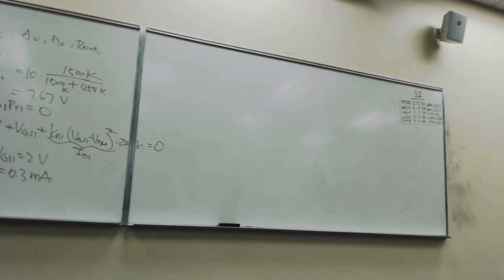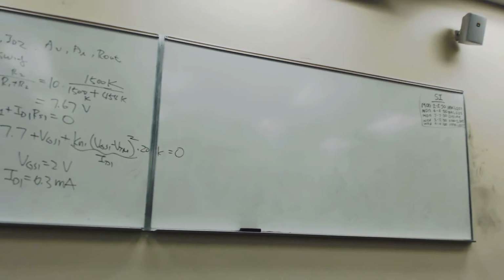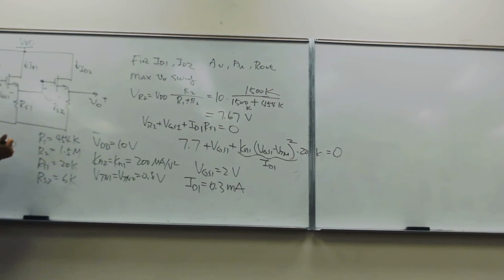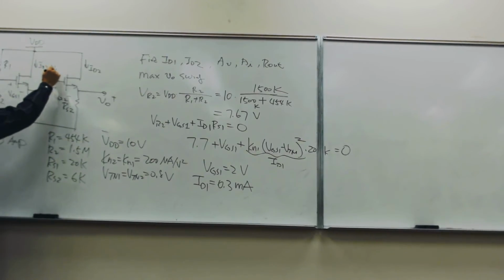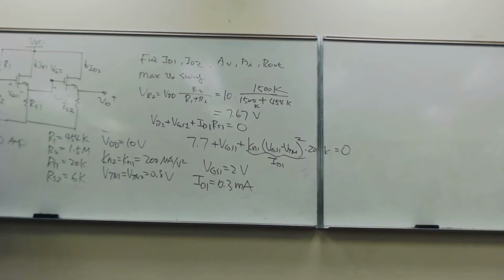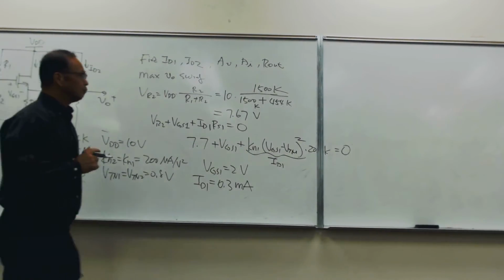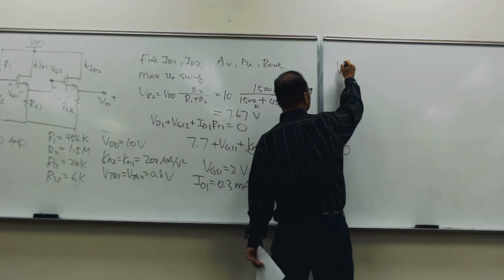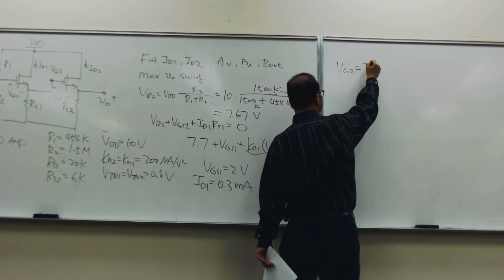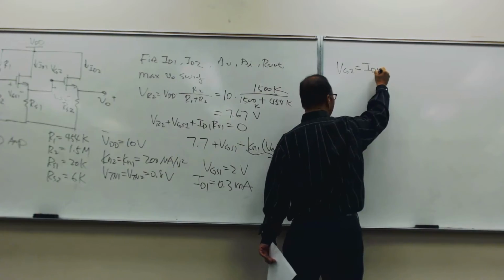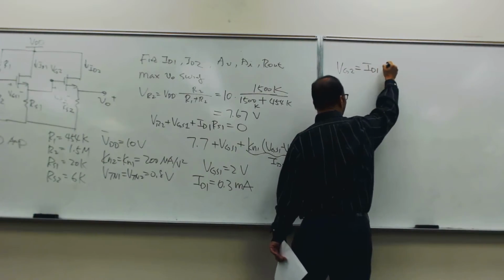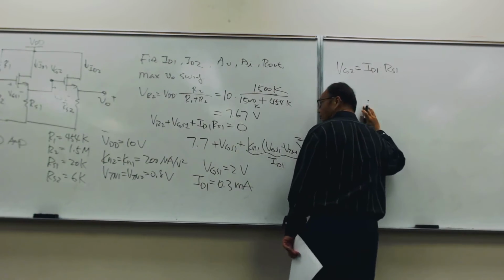Now we can move on to the second stage. This node, I need to give a name. Can I call this VG2? Good. So VG2 is the same as ID1 times RS1. Agree?